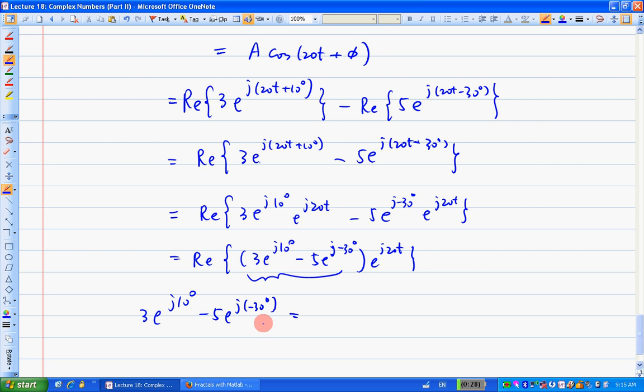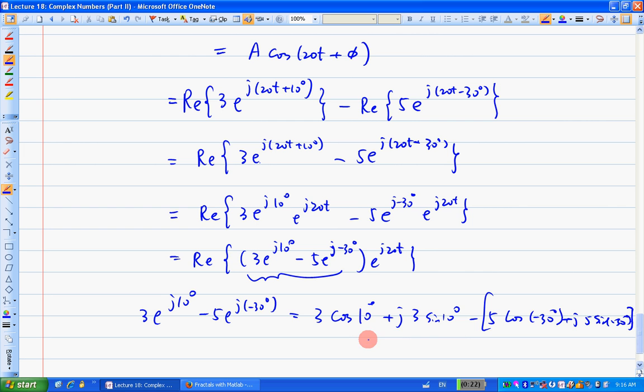This is essentially a complex number, and we learned Euler's formula. If I apply it for the first one, that's 3 multiplied by cosine 10 plus j sine 10. The second one is 5 cosine negative 30 plus j 5 sine negative 30. Does that make sense?